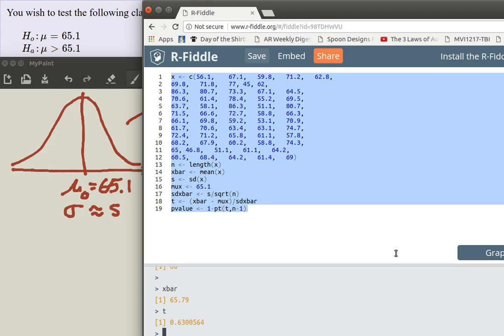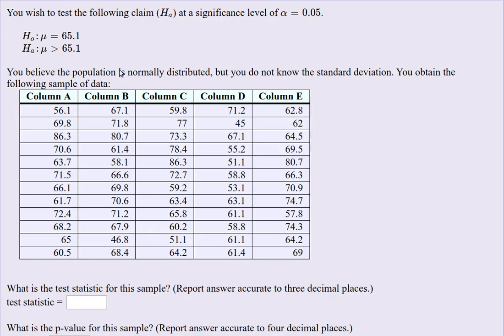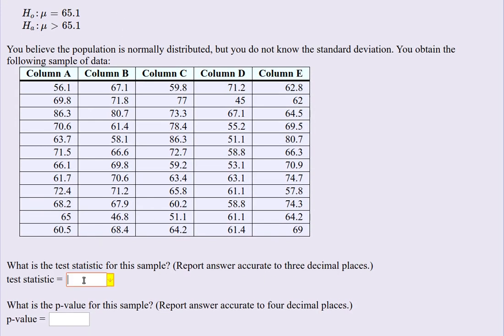We can find the t value and we can find the p value. So there's our t value right there. Copy that. And that is the test statistic. And they wanted that to 3 decimal places. So that would be 0.603.